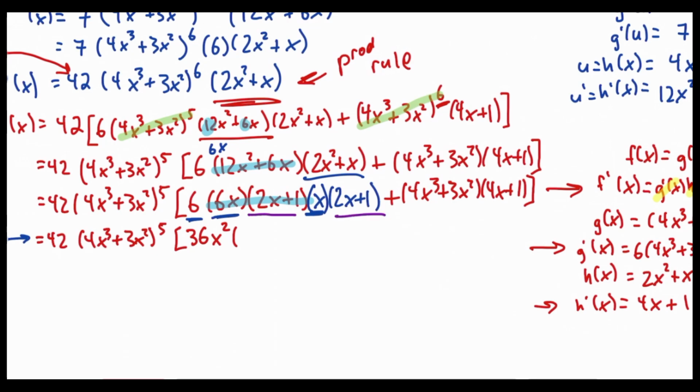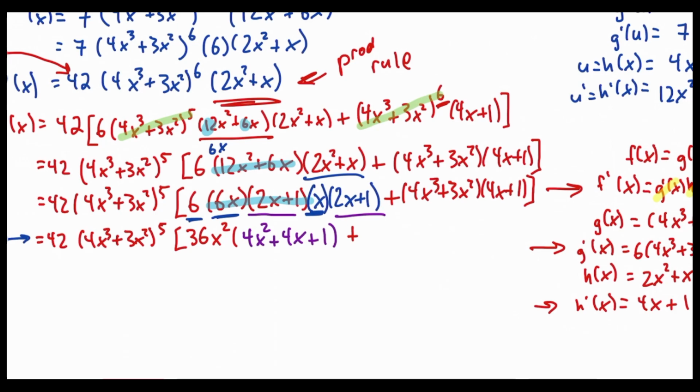times 2x plus 1. So that's going to give us 4x squared plus 4x plus 1 plus, and we're just going to multiply through double distributive property.